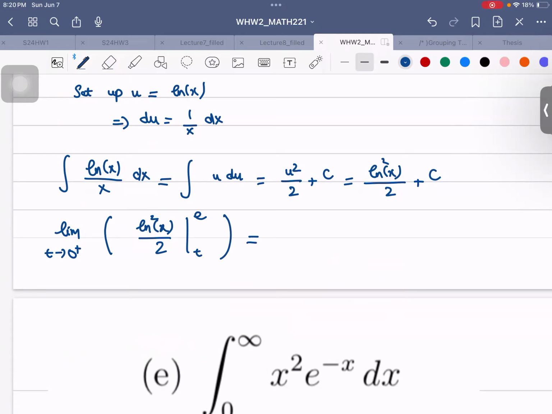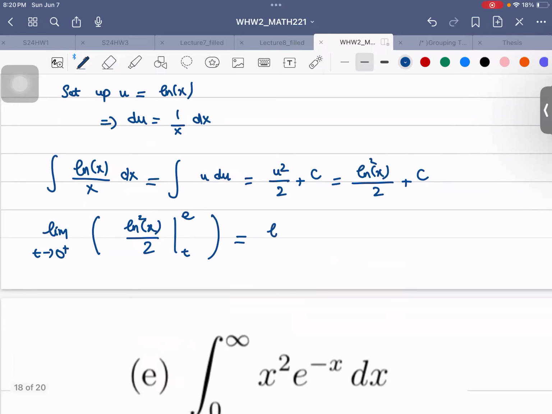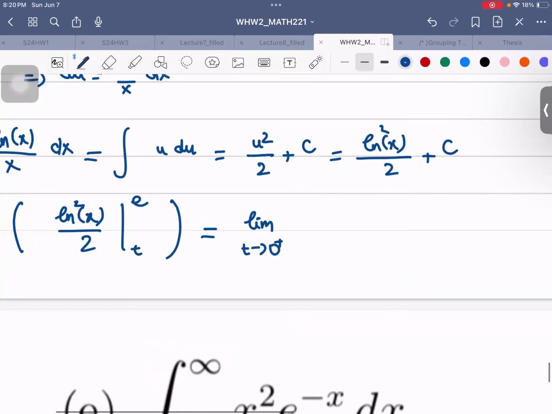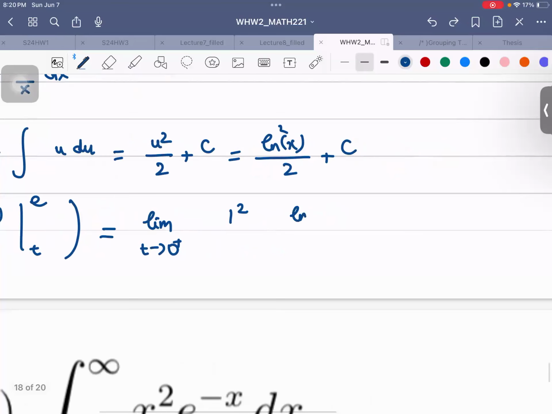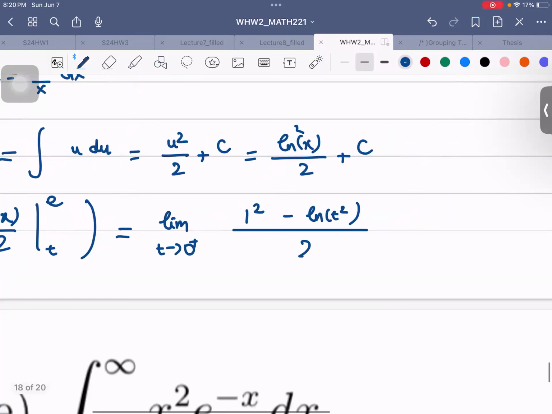So you plug in the upper bound, you have ln of e squared, which is 1 squared. You plug in the lower bound, you have ln of t squared, divided by 2.